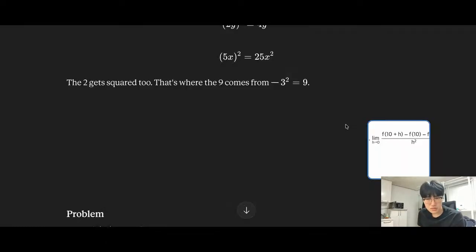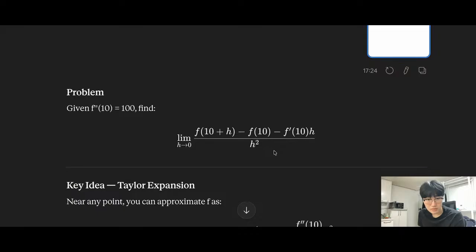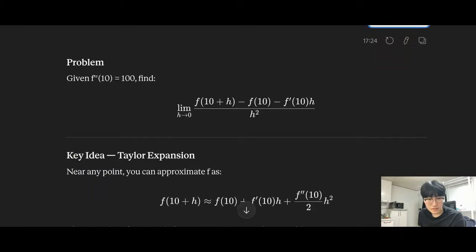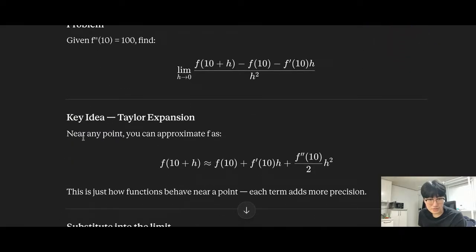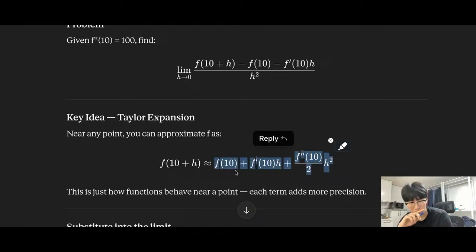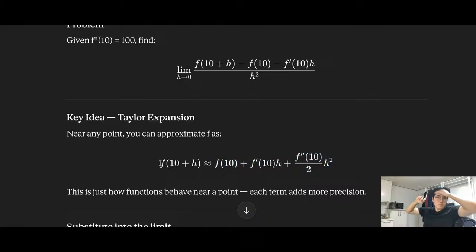All right, so what do we do here? Key idea: Taylor expansion. Near any point, you can approximate f as f(10) and so on.